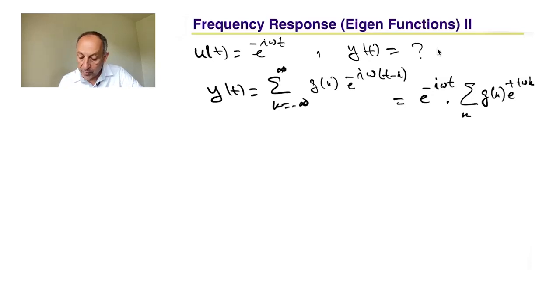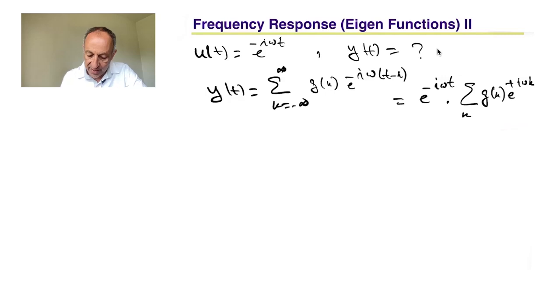And now, what do we observe? What is this expression over here? It is nothing but the Q transform of that system evaluated at e to the I omega.